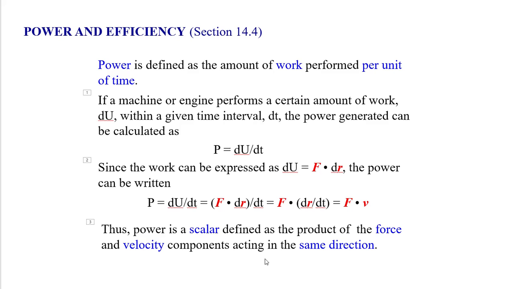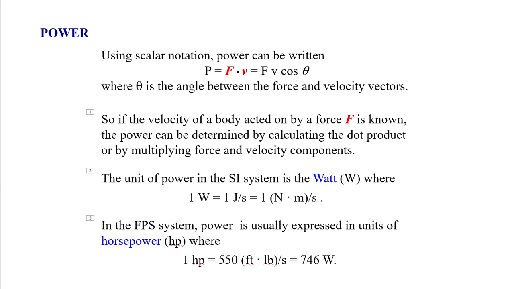I dot I is equal to 1. J dot J is equal to 1, K dot K is equal to 1, and those are our unit vectors in the same direction. And that's really important as we work these problems. Also, we can look at our power function, because again, we're dealing with that scalar. So the velocity of a body acted on by a force is known.